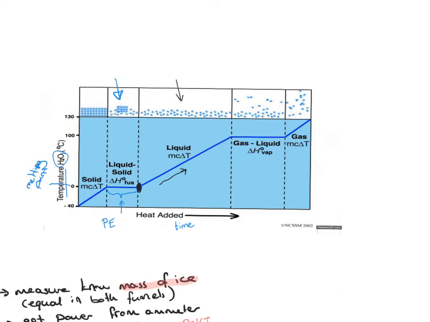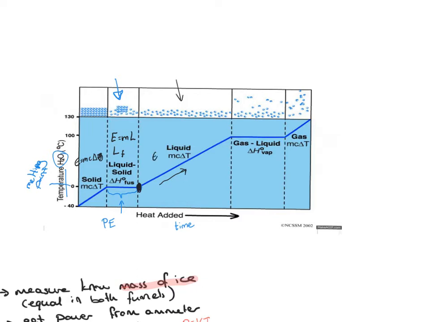Then we reach once again, so this is where we have the latent heat of fusion, and we can use the equation E is equal to M times L to calculate the energy provided. Here we can use MC delta theta to calculate the energy provided while the temperature is changing.